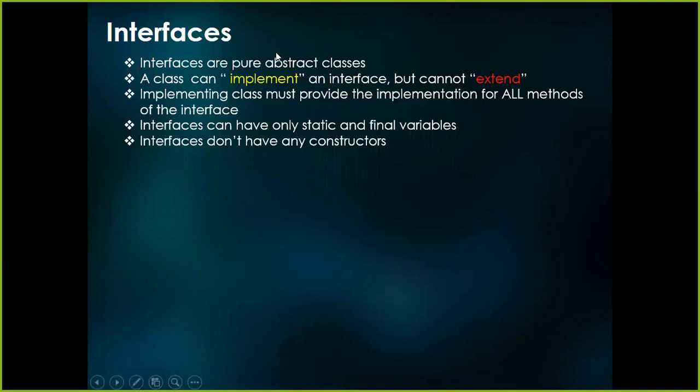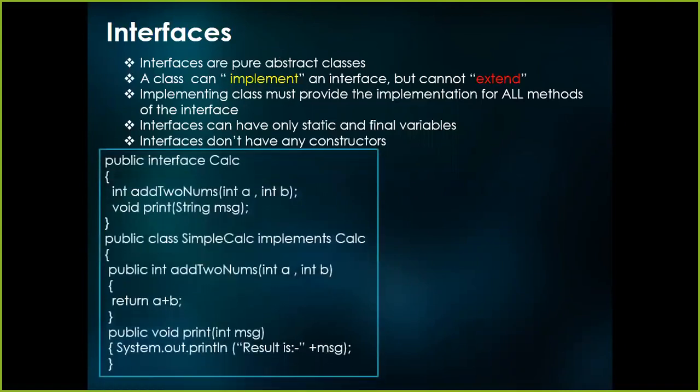Interfaces are pure abstract classes. You don't have even one method which is implemented. And a class can implement an interface, but it cannot extend the interface. So here, I have an interface Calculation. This interface declares two methods, add two numbers and print. There is no implementation for these methods.